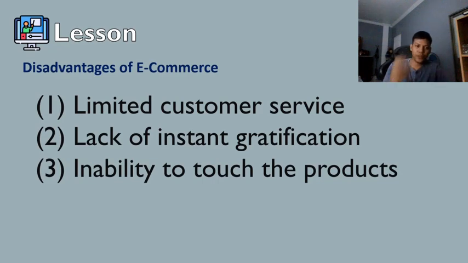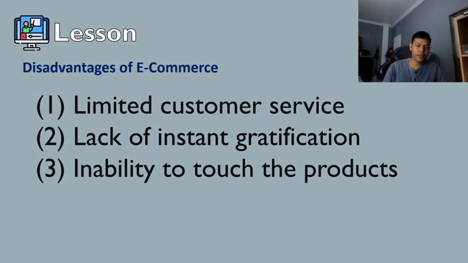The third one is inability to touch the products. You can view it, you can see the video and the comments or feedback from previous customers, but only by viewing, not by touching the said products. So that is the third disadvantage. Online images do not necessarily convey the whole story about an item.